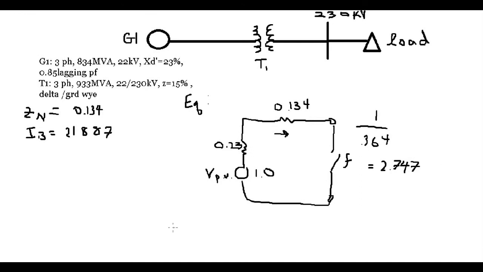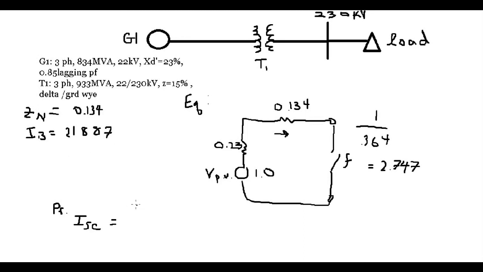Okay, so to get our primary short circuit amps, we are just going to multiply our I per unit times our I base to get I actual. So I actual, or I short circuit primary side, is equal to 2.747 times 21,887.